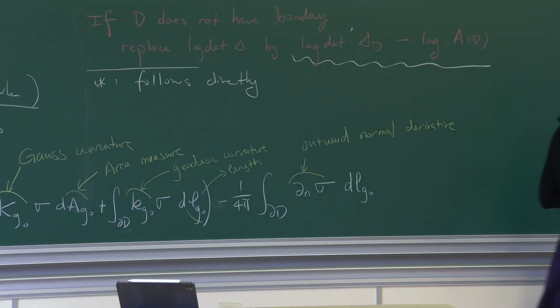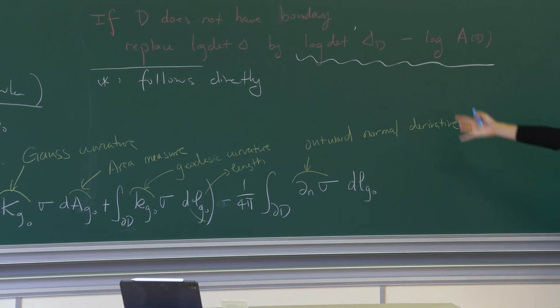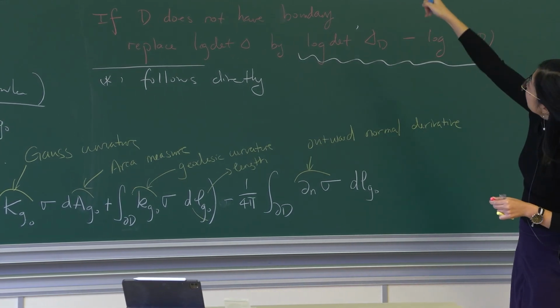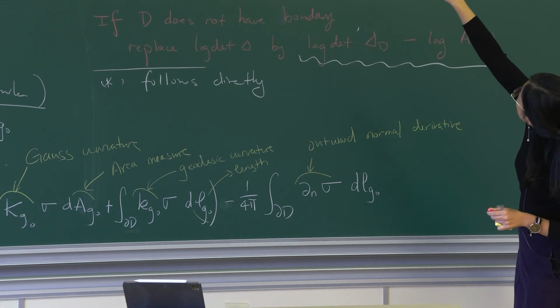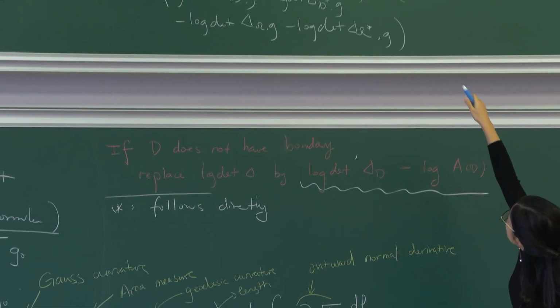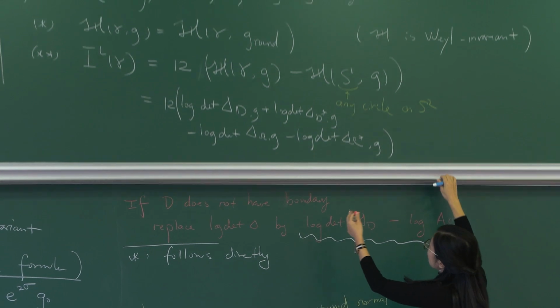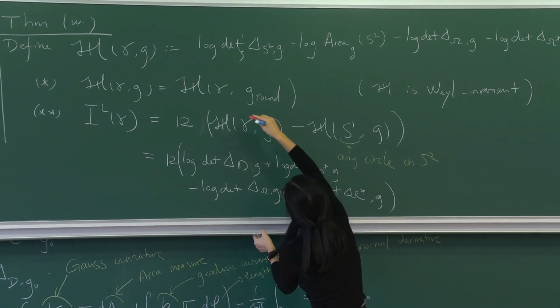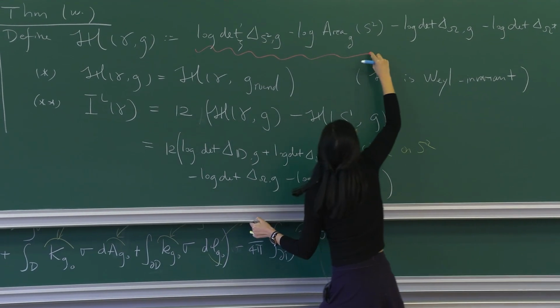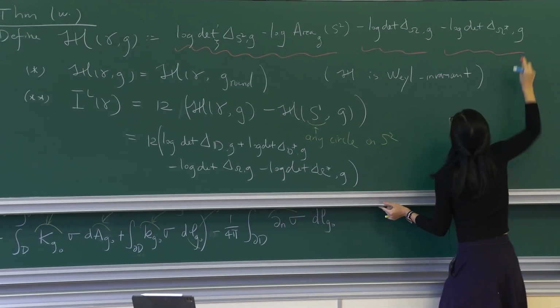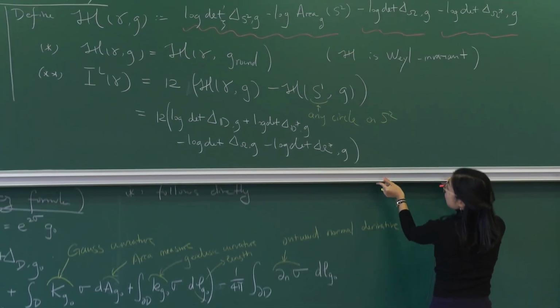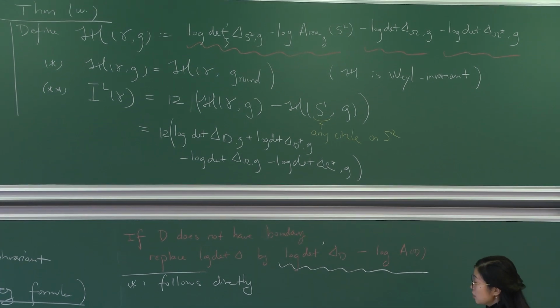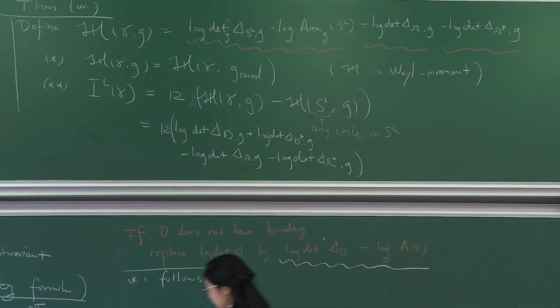For this, you just have to look at how each term cancels out. The h function should be thought of as three terms: the red term, the second term, and the third term. You just look at each of the contributions.